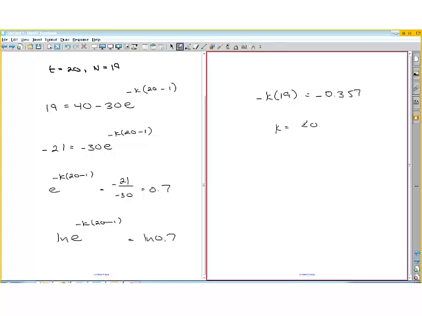So k is equal to negative 0.357 divided by negative 19. Wait a second. Negative 0.357 divided by negative 19 is 0.0188.